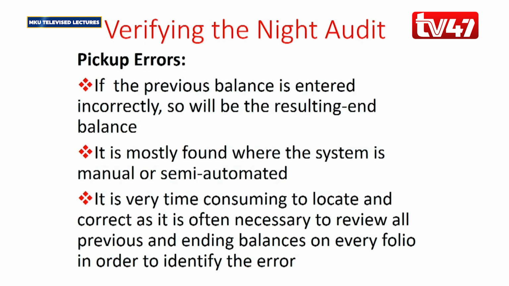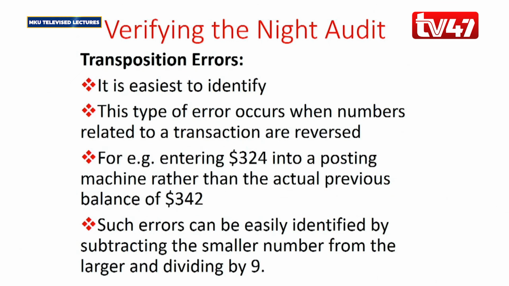Getting this one is not that easy, because you'll have to go back, look at the previous entry, and see whether it was the right one. The problem might be if the previous entry was made some 2 days earlier. Going back to trace that may not be an easy task, but that's what we call a pickup error.